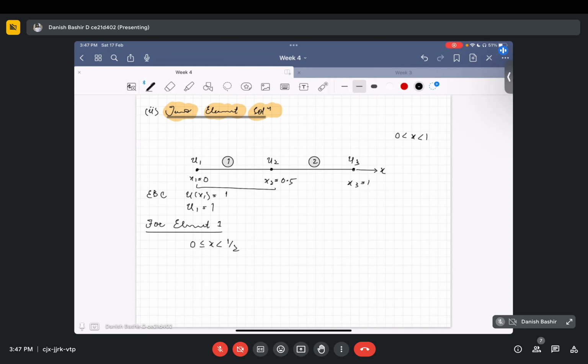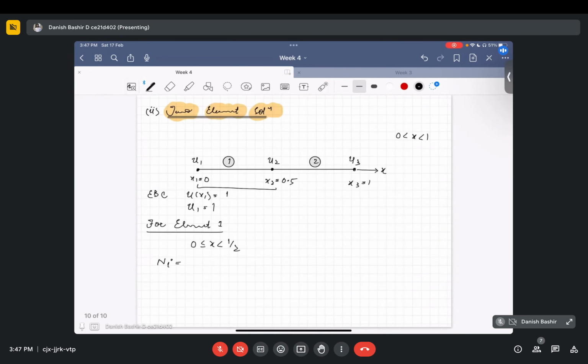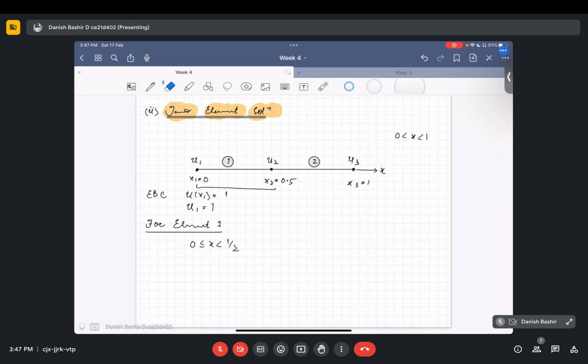If we compute the shape functions for this element, similarly to what we did in the previous section, we have shape functions n1 and n2, which you have to calculate quickly. n1 will be equal to x2 minus x divided by L, and this will be equal to 2 times 0.5 minus x.